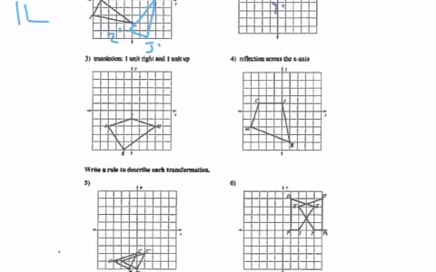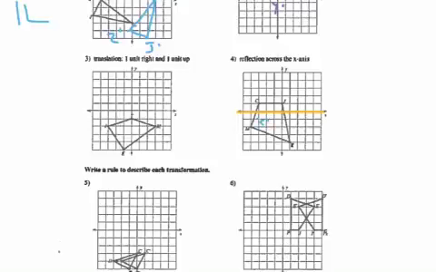For number 4, a reflection across your x-axis. What I like to do is highlight my line that I'm reflecting across, which in this case is my x-axis. And then remember, I want to go equidistant. So for C, if I'm moving 1 unit up, I do the opposite and move 1 unit down. So right here would be C prime.